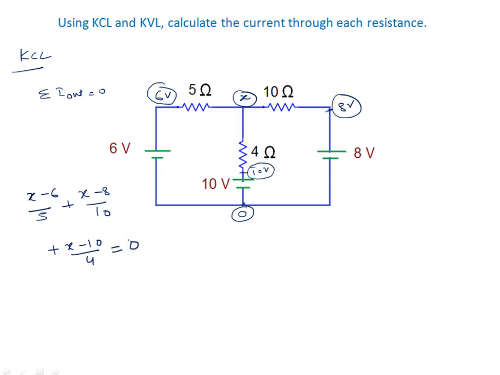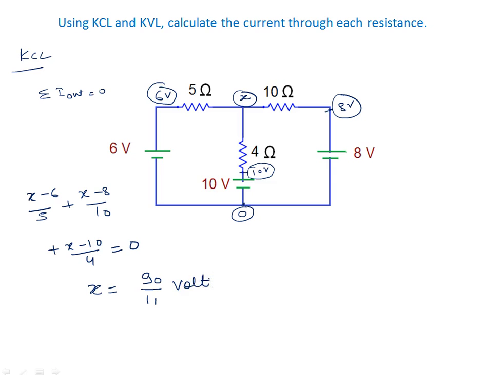Okay. Now you please solve yourself for the value of X. I am giving you 1 minute. If you solve it, you will get X equal to 90 by 11 volt.